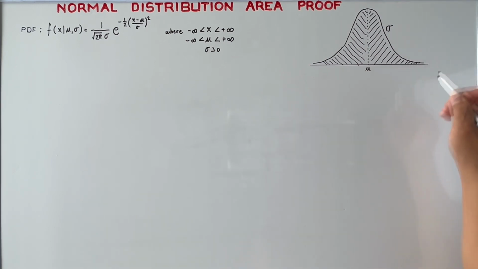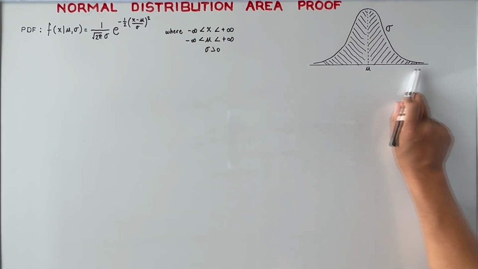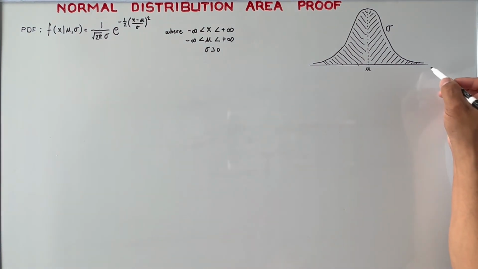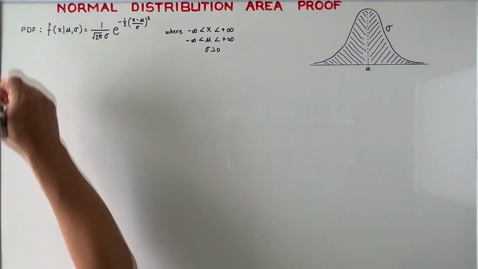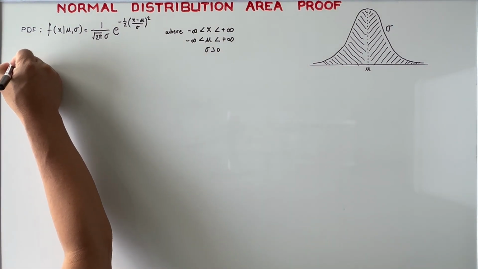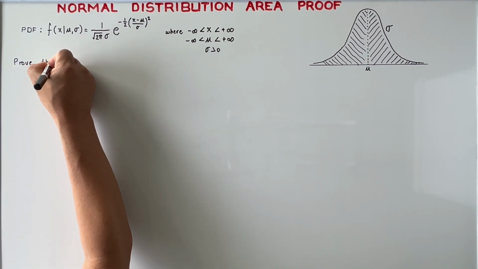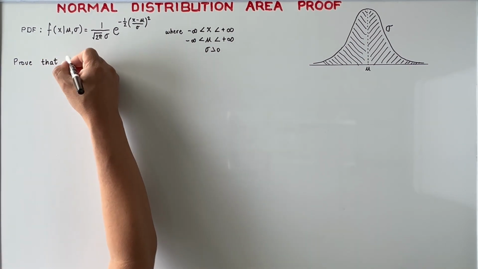And as you can see, the curve is only asymptotic to the horizontal axis x, which means that the curve doesn't touch the x-axis. So our objective is to come up with a proof that the area under the normal distribution curve is equal to 1.